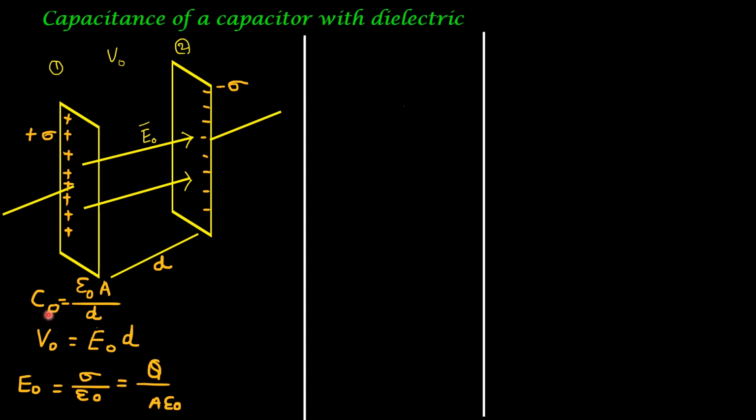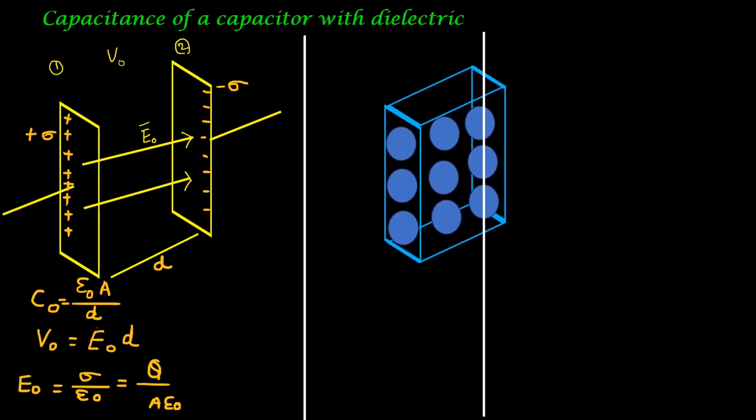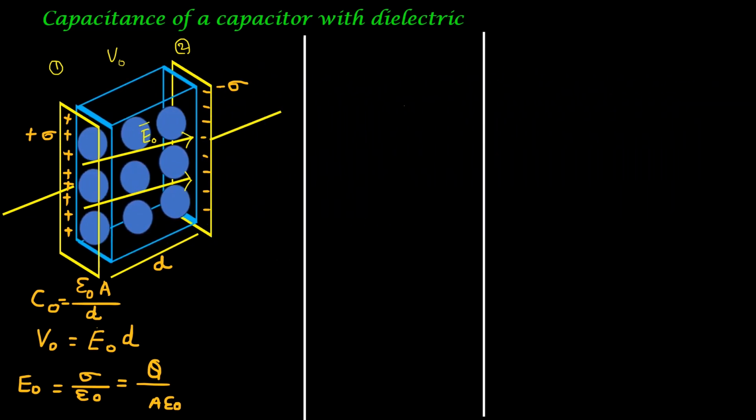Let me clarify. C0, V0 and E0 are the corresponding symbols for capacitance, potential difference and electric field of the capacitor without dielectric medium. Now we will proceed to see what happens to these quantities when a dielectric medium is introduced in between the two plates.